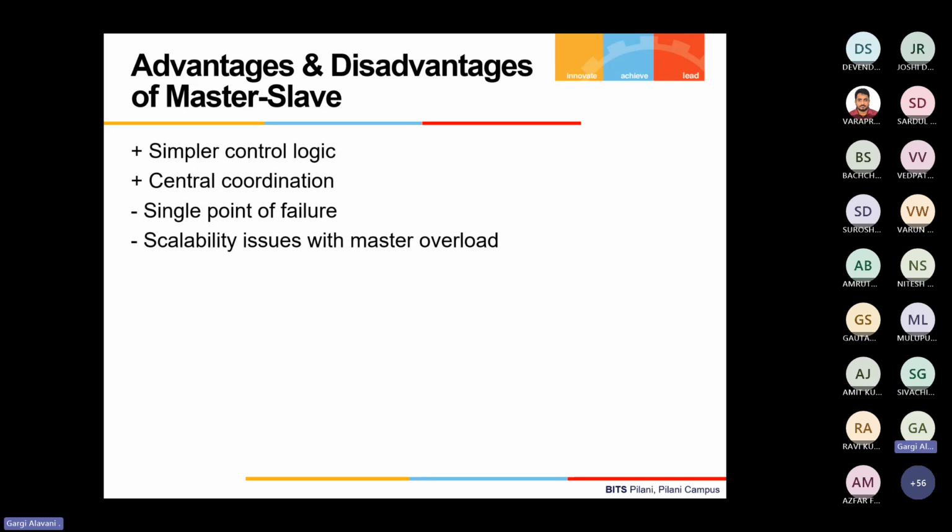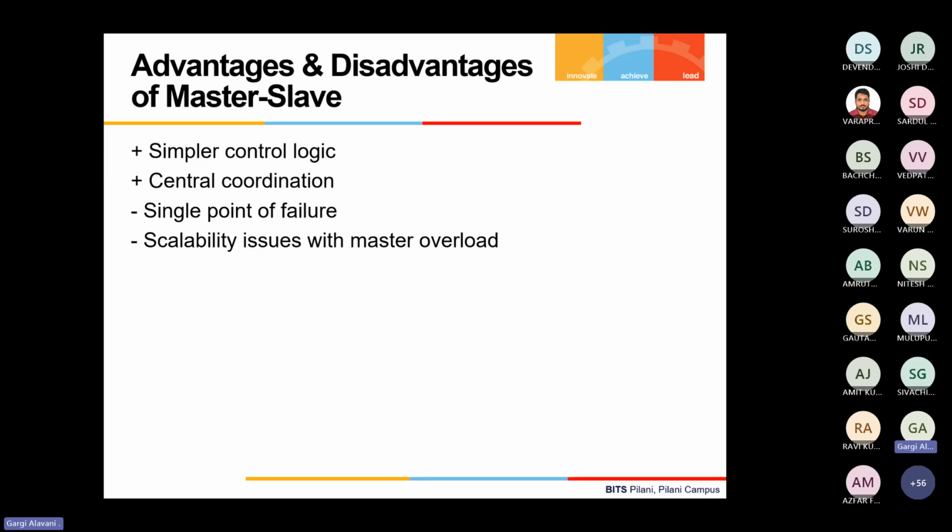But there is also a disadvantage: a single point of failure. If the master node goes down, the entire system can fail. The system is less fault tolerant unless you add mechanisms like backup masters or failover protocols.